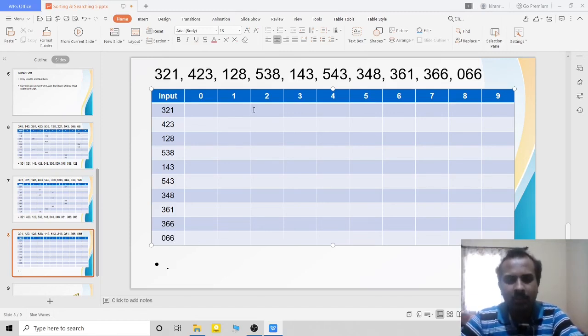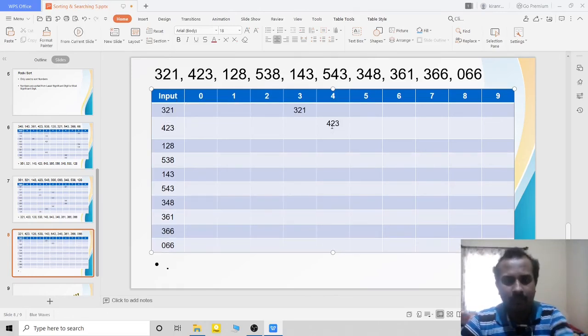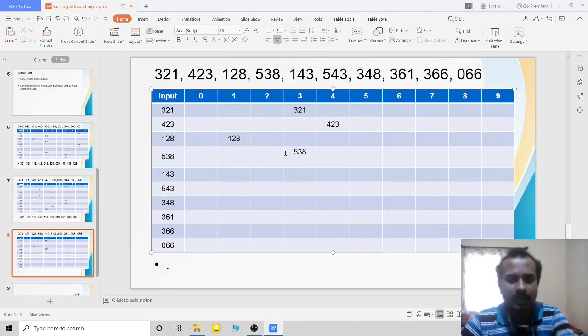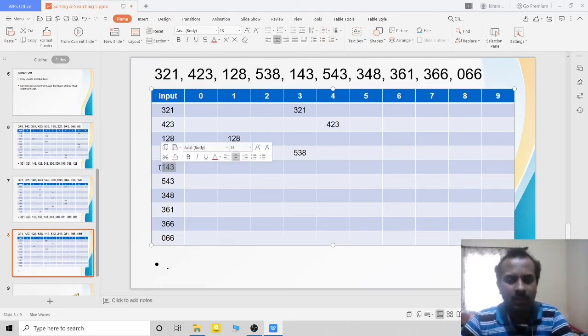Now 321 will come under 3. Then I have the 423. Then I have the 128. 538 now. Then 143. In the previous case I made a mistake here. 538 will come under 5, right?